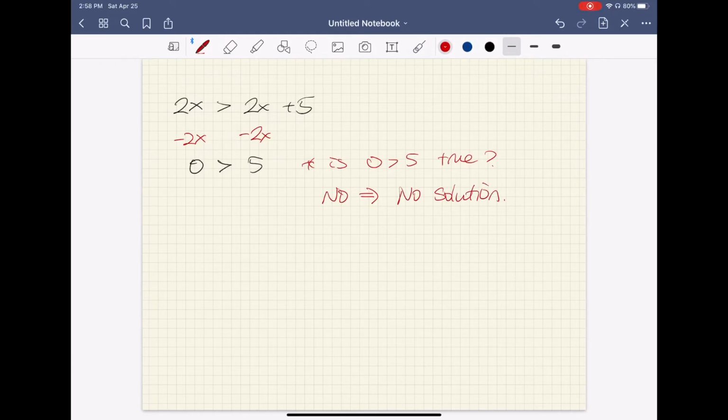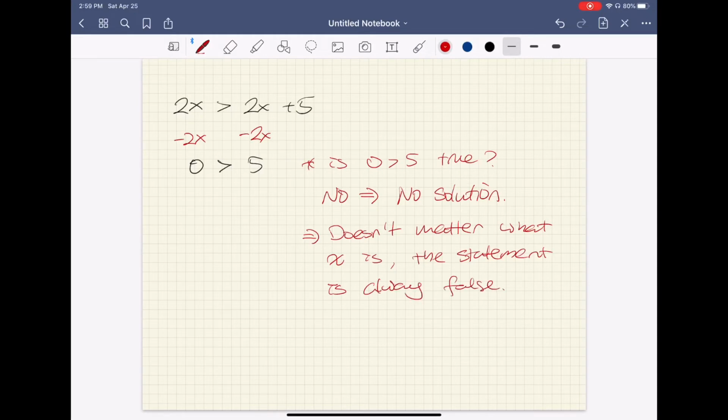It doesn't matter what x is, the statement is always false.